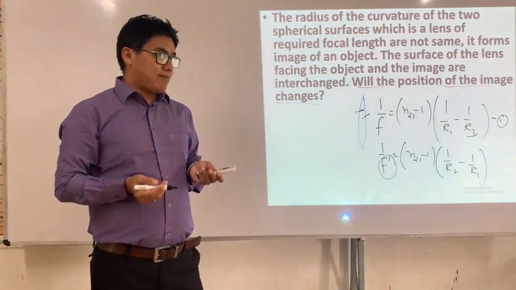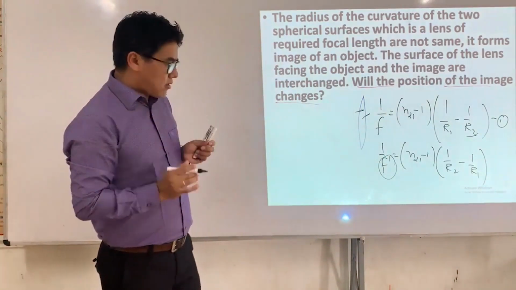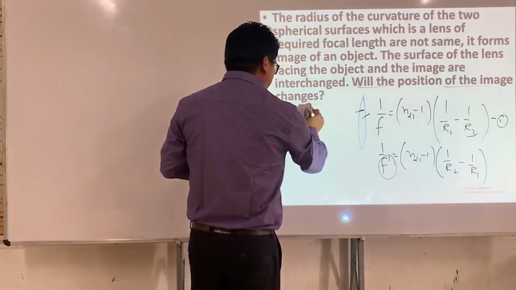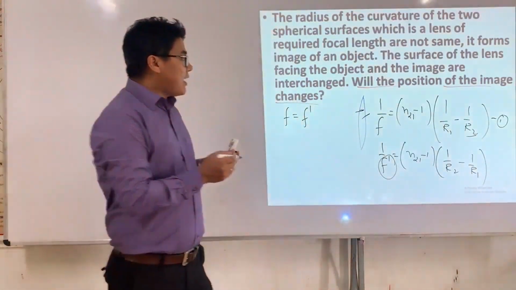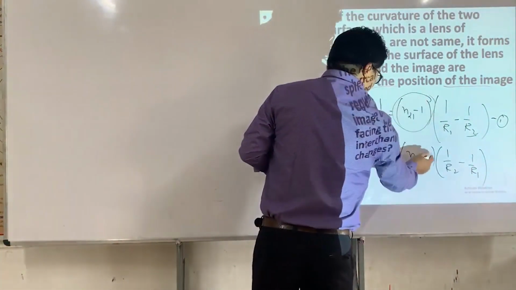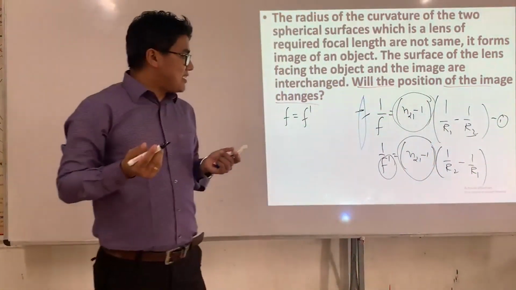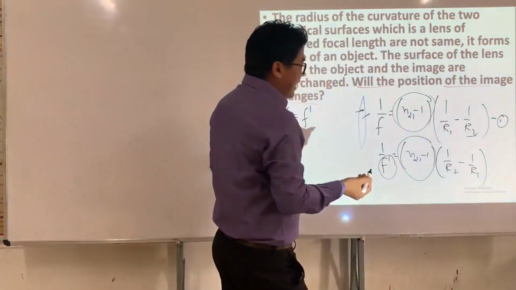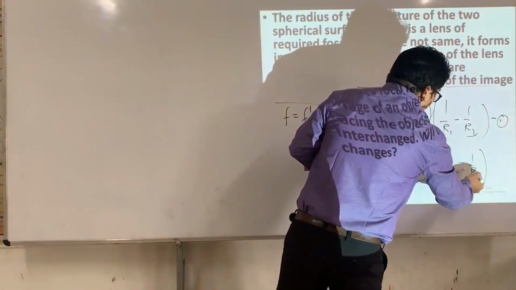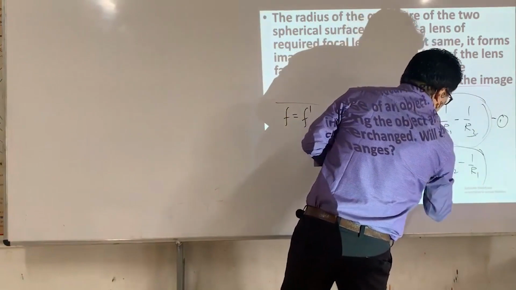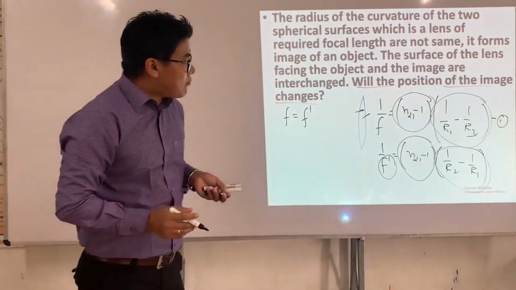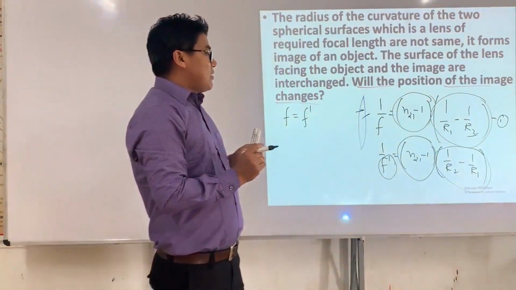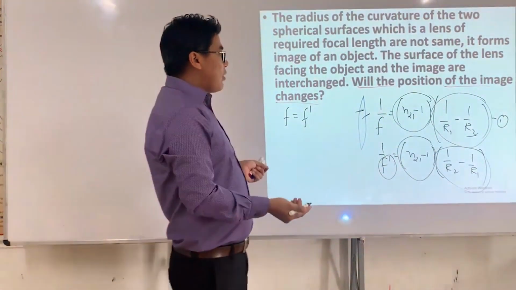What we have to find is whether f prime is equal to f. The material doesn't change, so that quantity remains the same. Now look here: 1 by R1 minus 1 by R2 is the same as 1 by R2 minus 1 by R1 with the sign considered, so the value remains the same, only interchanged.